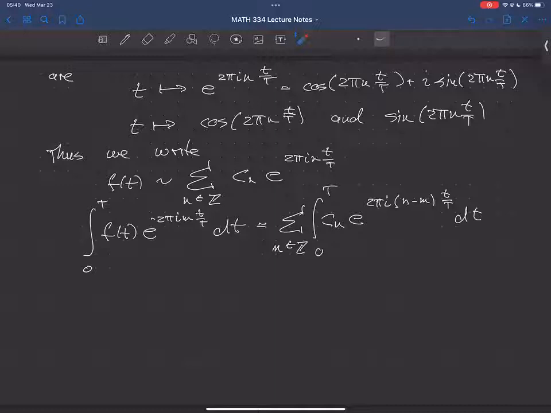Now, when n is equal to m, the exponent is 0, and the harmonic is just the signal 1, and so you're just integrating 1 from 0 to T, which is a pretty easy integral to do. It's T. So what you get is 0 when n is not equal to m, and you get T c_m when n is equal to m. All right.